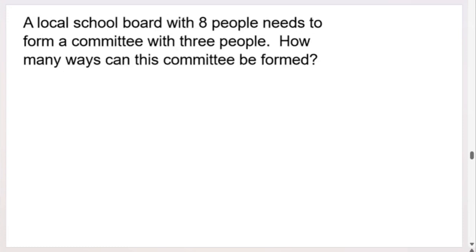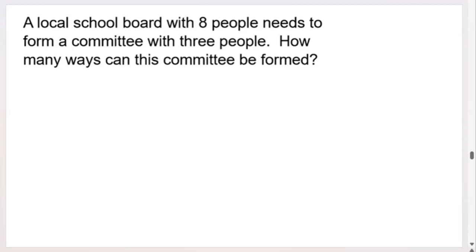Here, a local school board with 8 people needs a committee with 3 people. How many ways can a committee be formed? When you are just reading it, you've got a school board of 8 people. A committee is just a group of people that needs to be formed. It's a committee of 3 people.